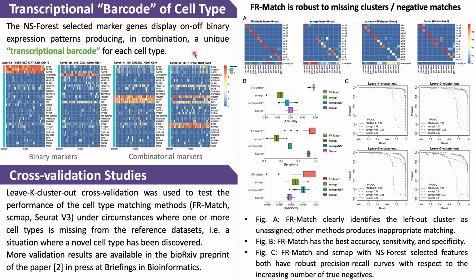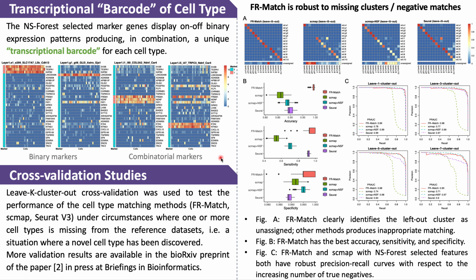The NS-Forest markers can be two kinds, binary markers or combinatorial markers. The binary markers are those only expressed in specific cell types, and the combinatorial markers may be expressed in a couple of cell types, but the combination of the expression is unique.